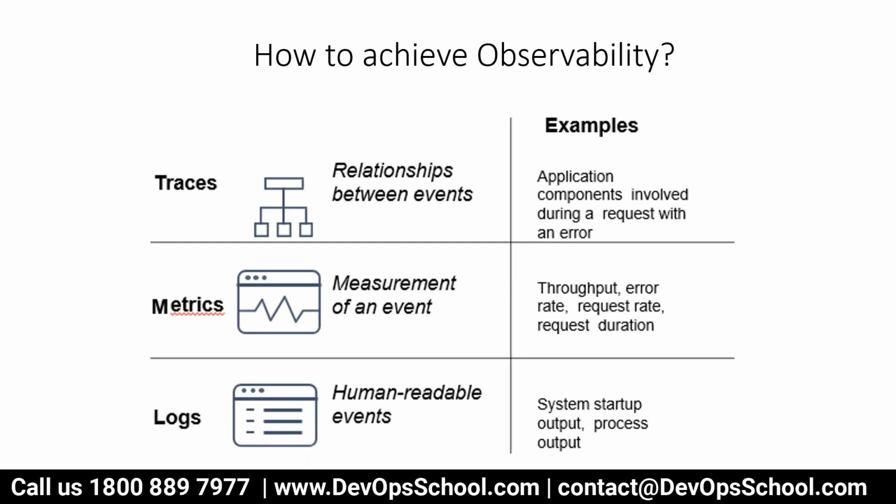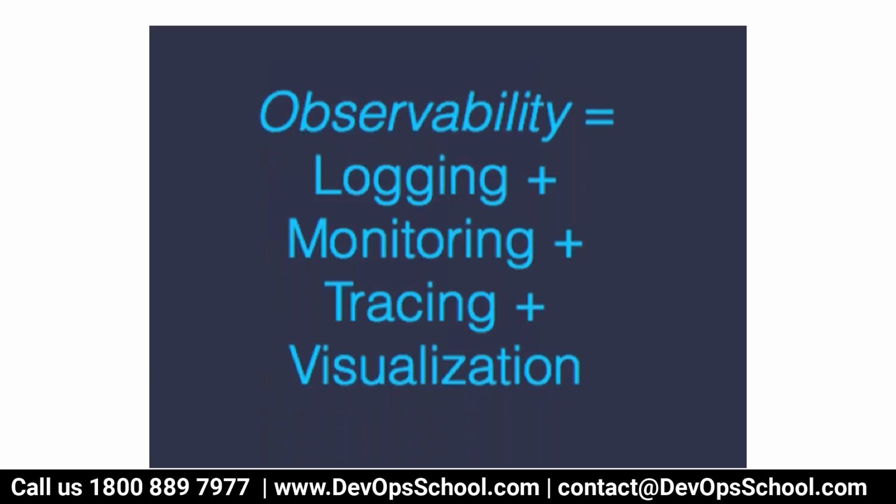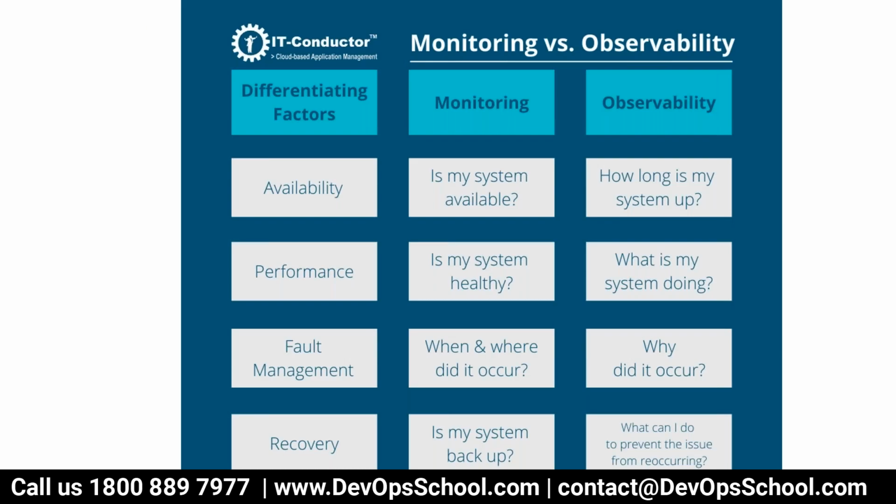An example of traces is the application components involved during a request with an error. Examples for metrics are throughput, error rate, request duration. Examples for logs are application log, system log, event log, process log, network logs, and so on, the system startup output, process output, etc. So observability is equal to logging, monitoring, tracing, and visualization. All things coming together is called observability.